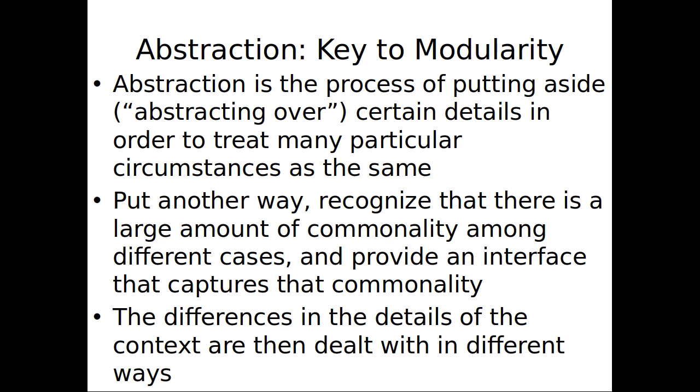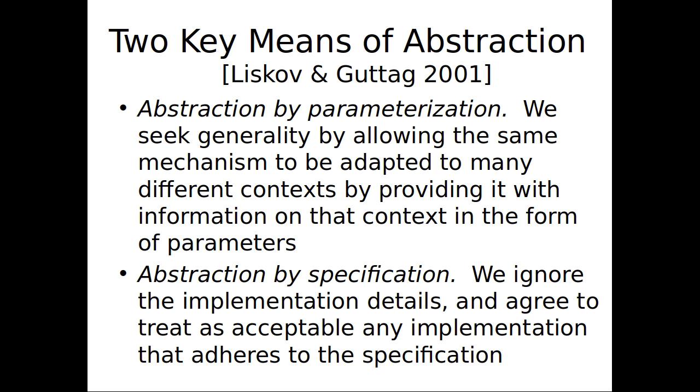Now the key to modularity, or a central key, is abstraction, handling many particular cases in one place. We talk about this as occurring through two major mechanisms, although in 470 I'm introducing some additional ones over time. The one we're most familiar with is abstraction by parameterization.